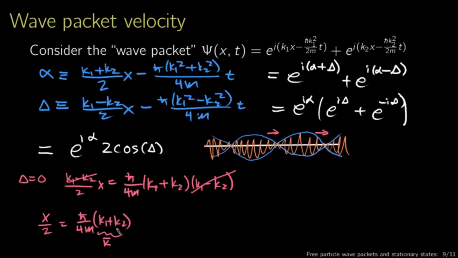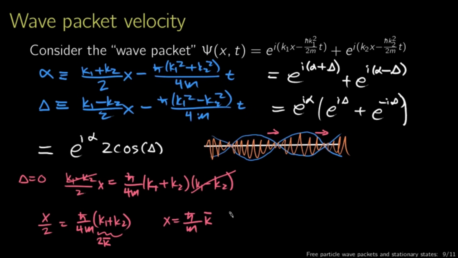This is twice k bar, since I have k1 and k2 added together. I have a 1 over 2 here, a 1 over 4 here, and a 2 here. What I end up with at the end is just going to be x equals h bar over m times k bar. This is different than the expression we got before.